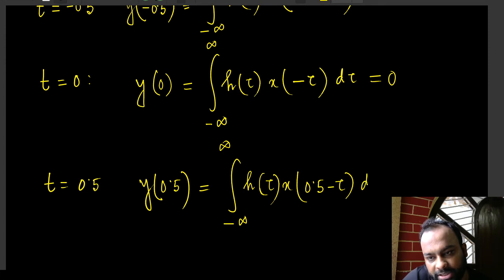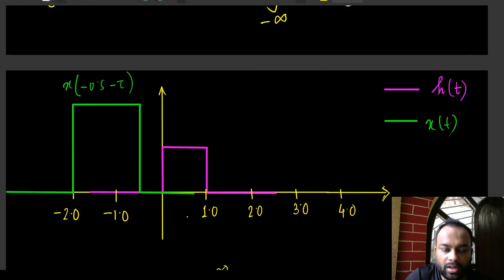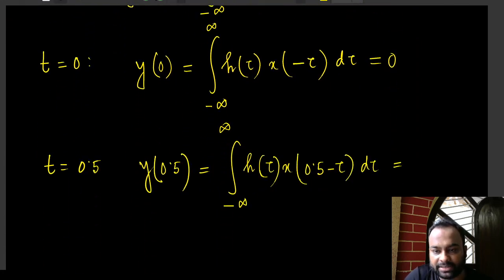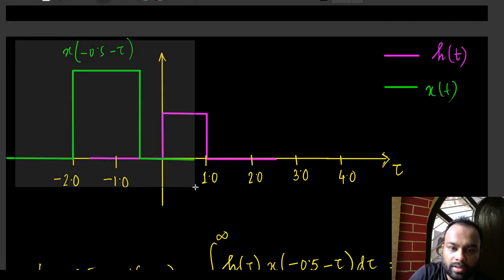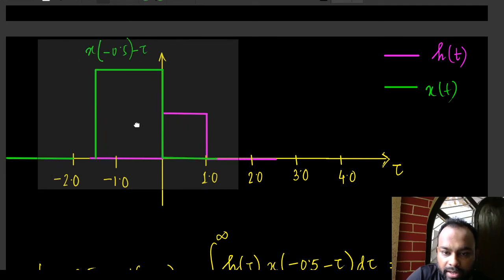I think you got the expression already, right? So I now want to calculate this area. So I want to calculate x of 0.5 minus tau, and find the overlap of the product, and then calculate the area accordingly. So, all right.